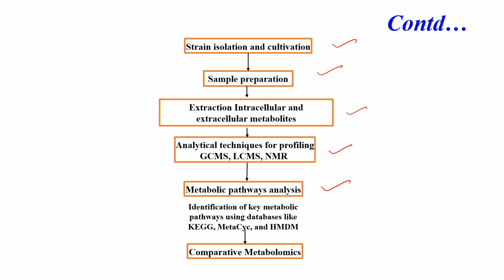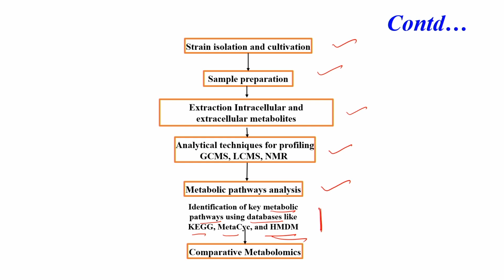So, what we are going to do, identification of key metabolic pathways, even you can use databases like KEGG, MetaCyc or HMDB. So, KEGG is quite common, this is the Kyoto Encyclopedia of Genes and Genomes, and HMDB is Human Metabolome Database.